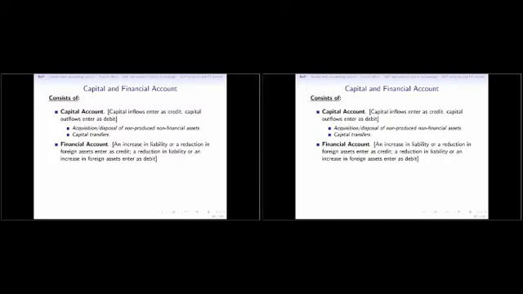So for liabilities to foreigners, the nature would simply be domestic assets. Foreign assets are quite obvious: foreign currencies, gold, IMF money, whatever. You can use those to make the payment. You can use domestic assets to make the payment as well. And in that case, you increase liabilities to foreigners.